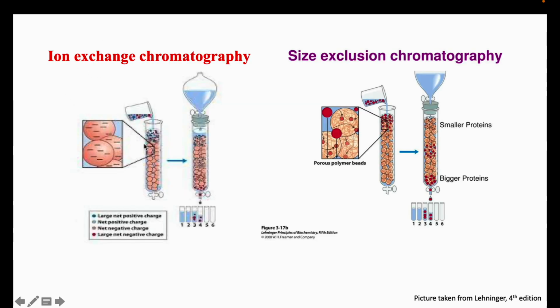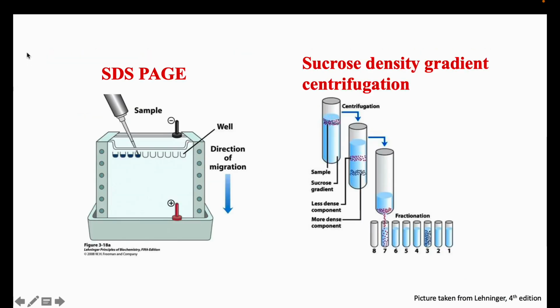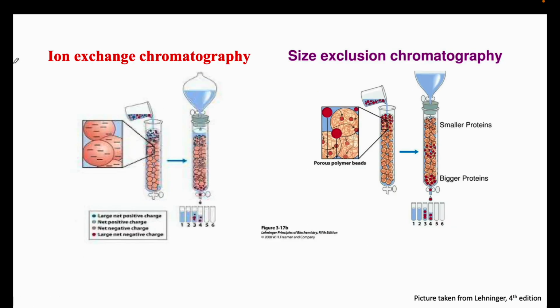So this is the column, and this column is packed with either an anion exchanger or cation exchanger, right? So what is anion exchanger here?